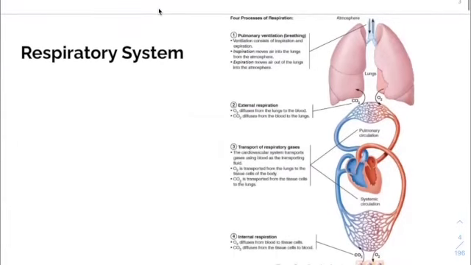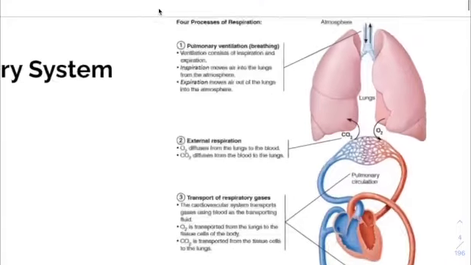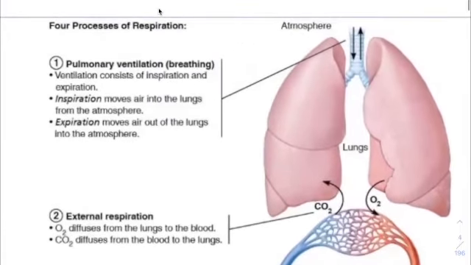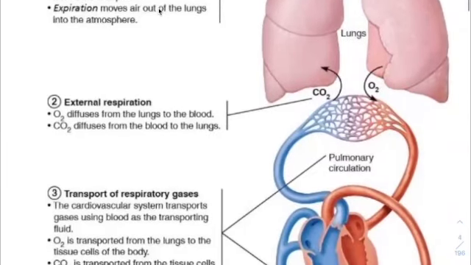So here is our respiratory system, and it shows those four processes of respiration. At the top part up here, we have the pulmonary ventilation, which is us breathing in and out air. We have our external respiration, which is where oxygen goes into the blood, carbon dioxide goes into the lungs so we can breathe it out.